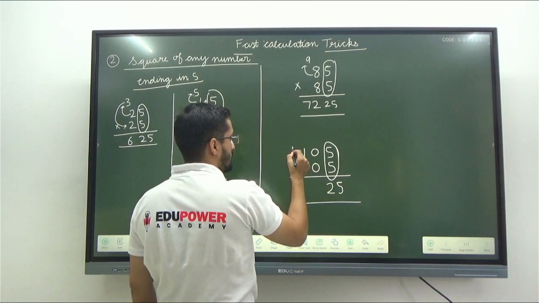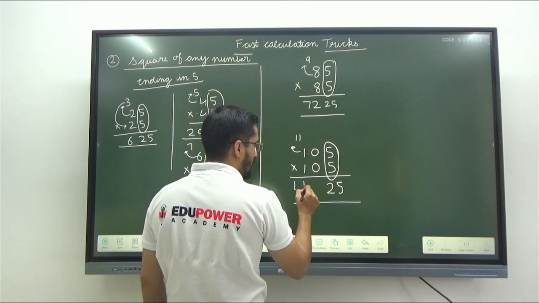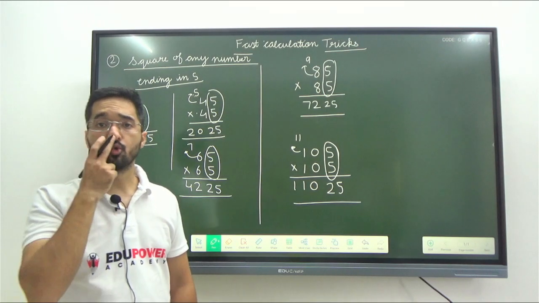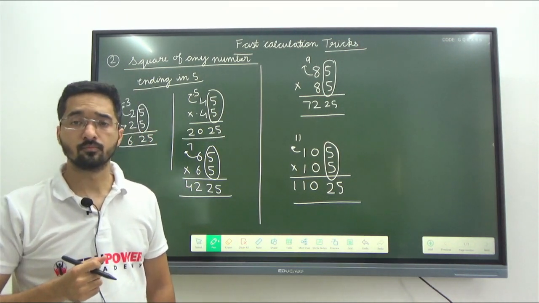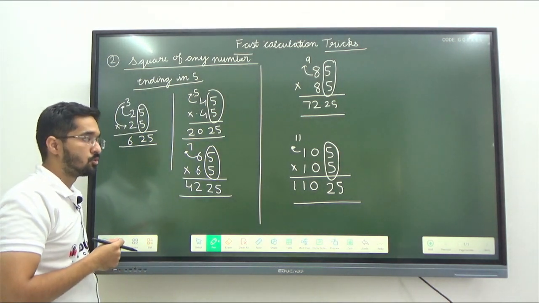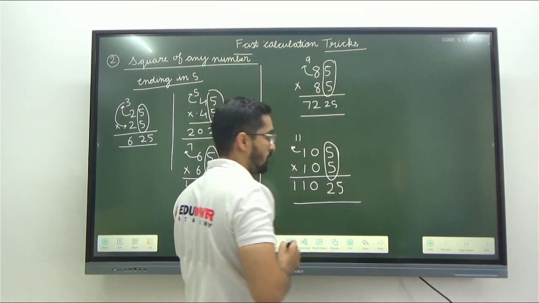Now, next is 5 into 5, 5 into 5 is 25, okay. Next is 10 plus 1, 11, 11 into 10 is 110. So, the answer is 11025, right. Answer is 11025. So, you have got the two answers in a fraction of seconds.